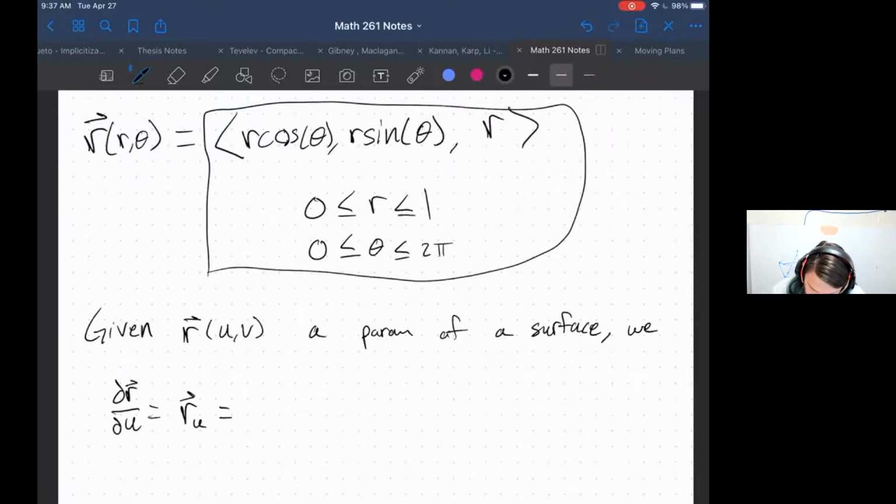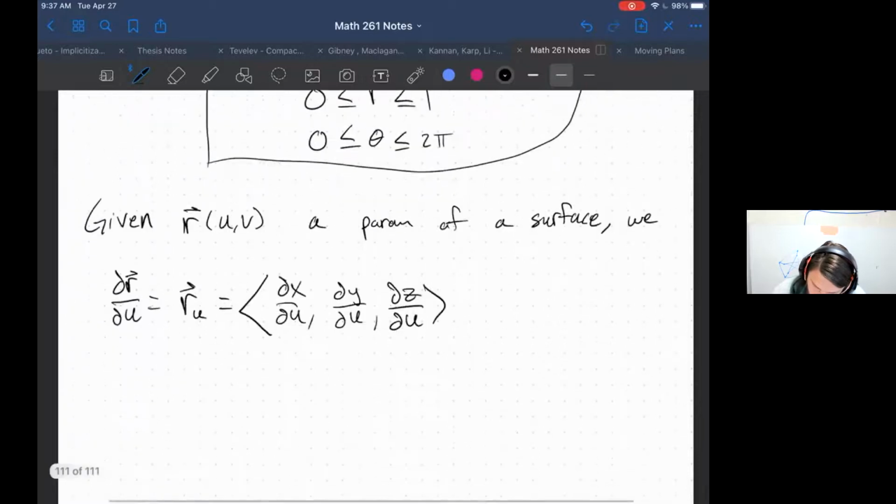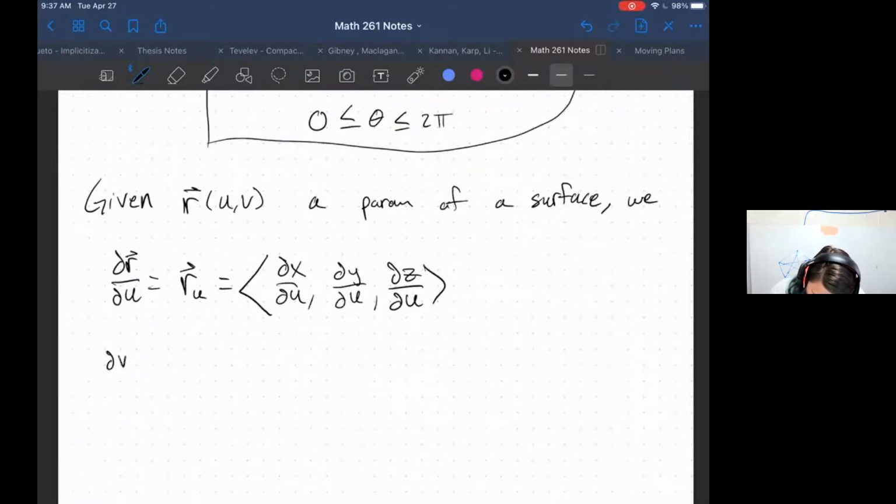But this is the vector of those partial derivatives. And same thing, but for the variable v. I'm not going to write out the vector part of this, but it's the same thing. So now we have two partial derivatives.